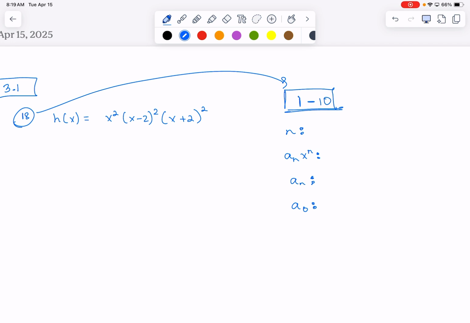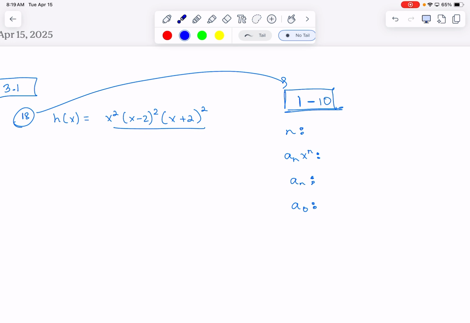Here's the thing. If it's not multiplied out, do you need to multiply it all out? No. You can find the leading term by multiplying the highest powers in each part of the product. So what Carter has to be able to do is read this. Everybody read it with me. It says x squared times (x minus 2) squared times (x plus 2) squared.